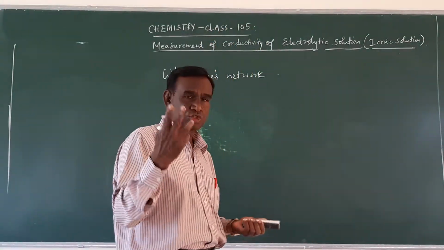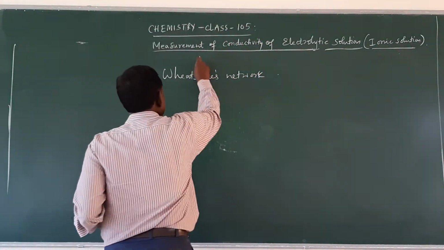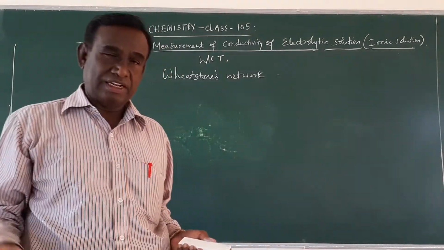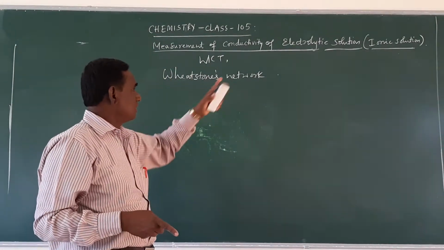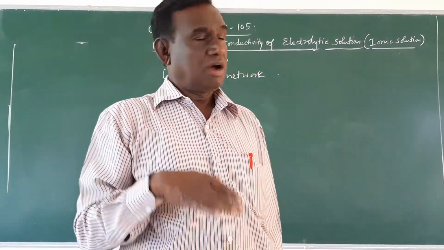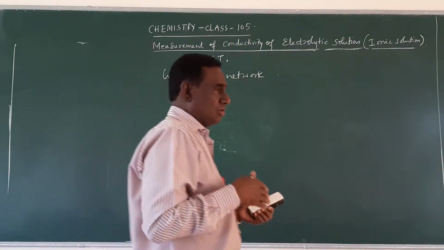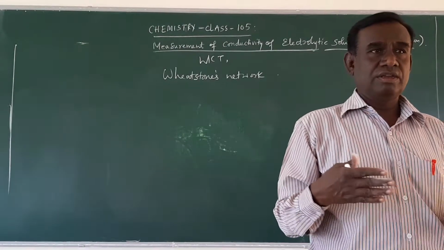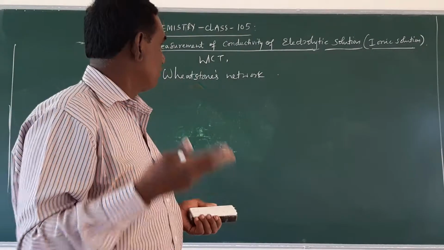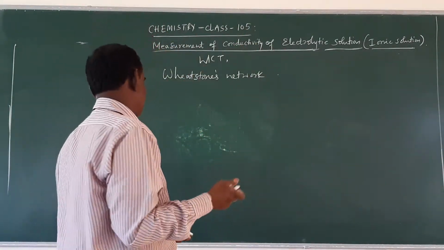We are going to face two problems. The accurate measurement of the unknown resistance of any material can be done using Wheatstone's network, but in measuring the conductivity of electrolyte solution using it, two problems arise. Which are those two problems?